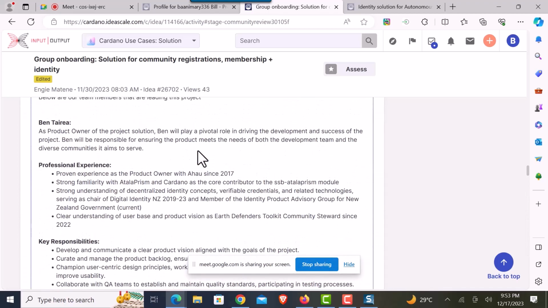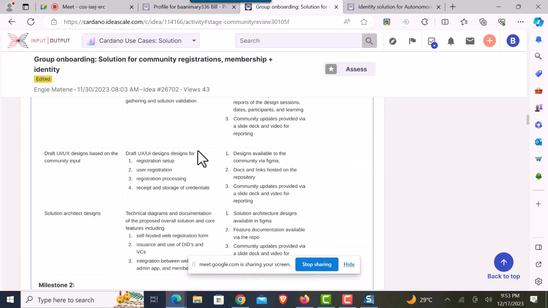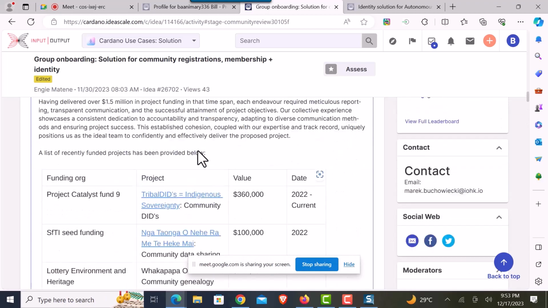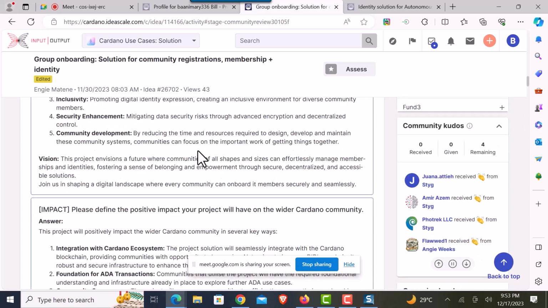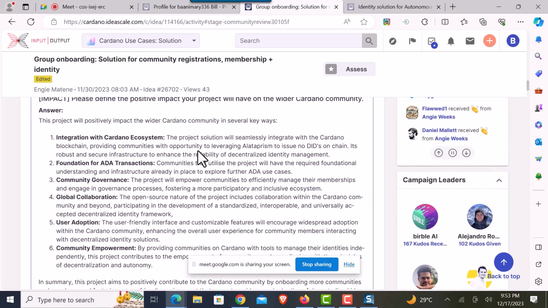He said integration with the Cardano community.